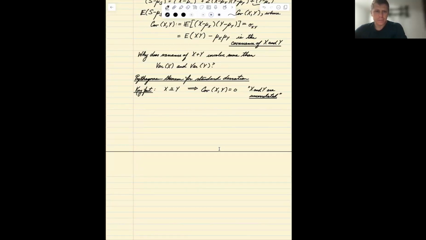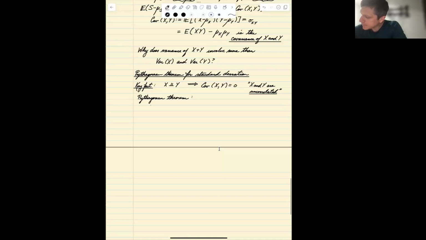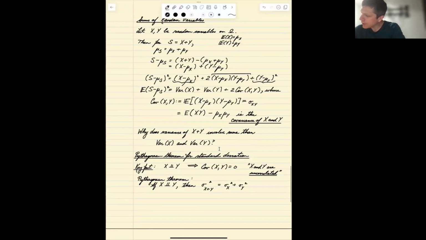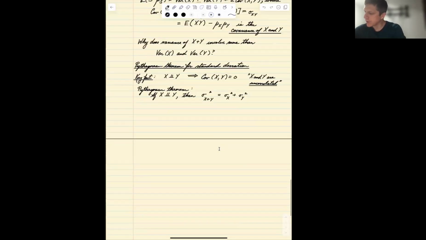So what is the Pythagorean theorem? Well, the Pythagorean theorem tells us that if x and y are independent, then the variance of x plus y is the sum of the variances of x and y, because in this formula up here, this covariance term will be 0 because they're independent, and we'll just have the sum of the two variances.